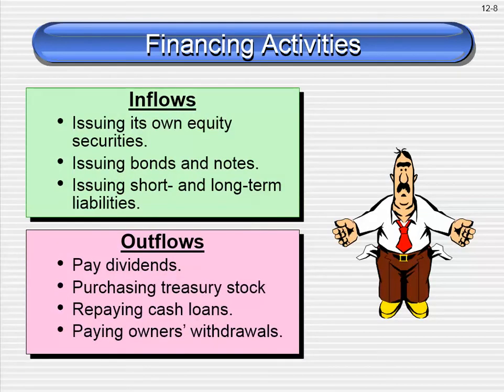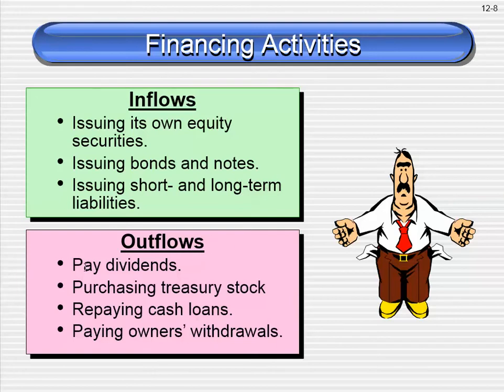Financing activities relate to where we're getting our money from outside sources. So it really is going to apply to our investors and our lenders. So how would we get an inflow of cash from financing activities? Well, we could issue some stock, we could issue some bonds or notes, or we could actually issue some short or long-term liabilities. So we could go to the bank and get a loan.